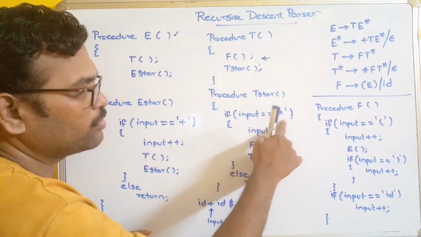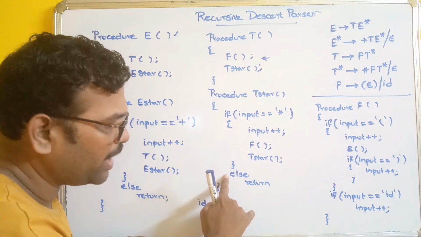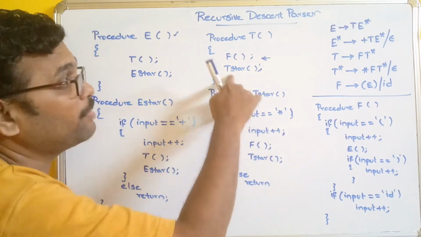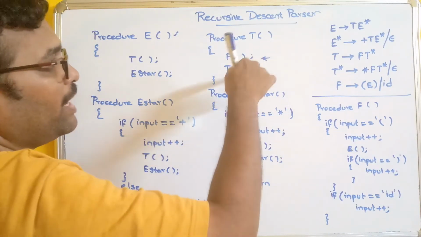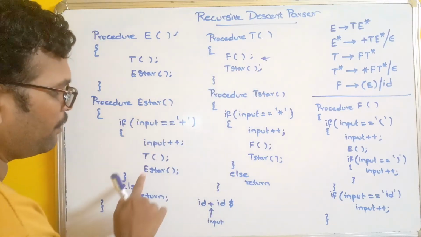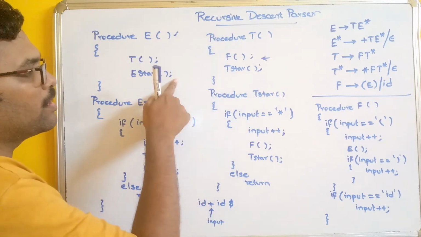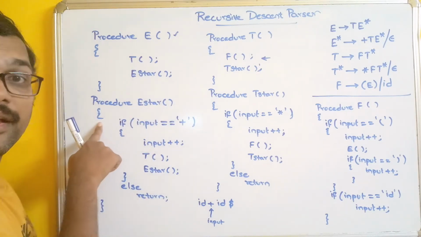Input is equal to star, but here it is plus, not equal. So automatically it will come to the else part, return. So from where has this function come? From this one. So automatically the control will go back to procedure T. So from where has procedure T been called? From here. So directly the control will come to E star. Now the E star will be taken.